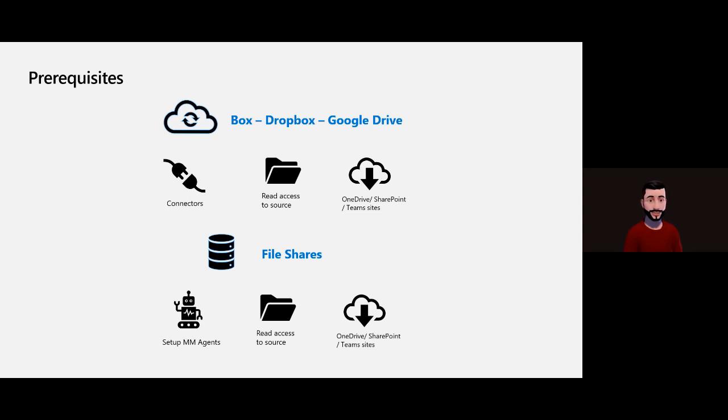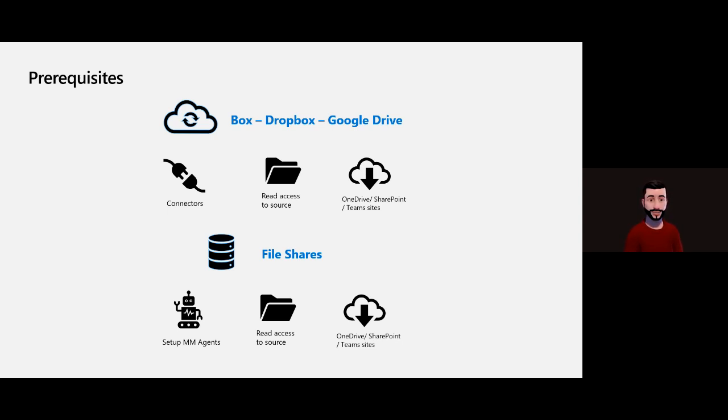Now, let's move to the file shares. Greg also mentioned that for file shares, one of the differences Migration Manager has against the SharePoint migration tool is that it does require an agent to be installed on one of the servers that you are hosting for these migration purposes.